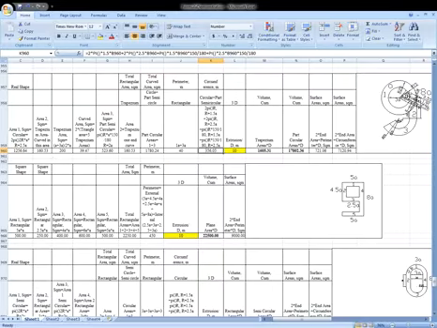Actually this one is not full. We have to deduct this angle. I think I did not include that.